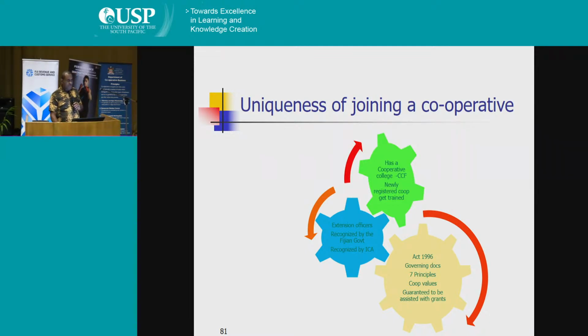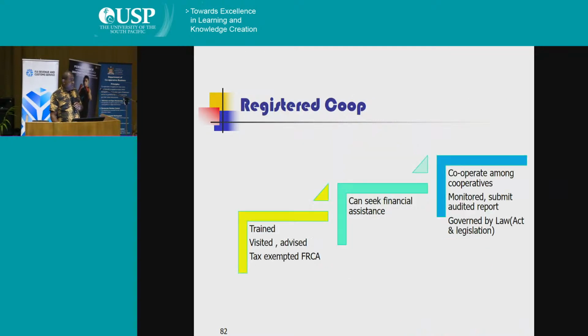You have the 7 principles, where the Cooperative Act 1996 is based. The Cooperative Act 1996 is this thick. It's also called a Bible. I'll say that in all the awareness sessions that I go to.